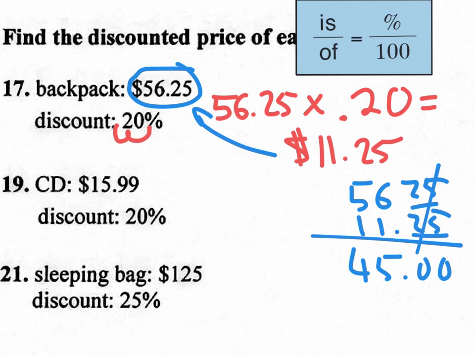So a 20% discount on a $56.25 backpack ends up being $45. Now, of course, that's only the discount and that's only the price. If you were in a real store, you'd still have to calculate taxes, unfortunately. So you'd still have to multiply the 45 times 0.075 to get the California tax rate of 7.5%.